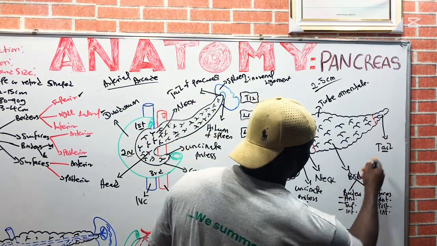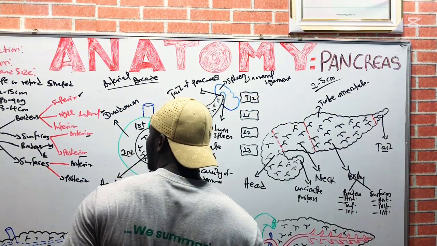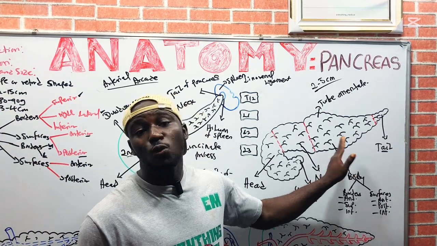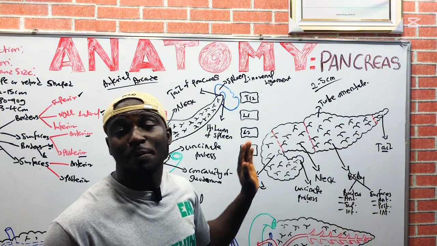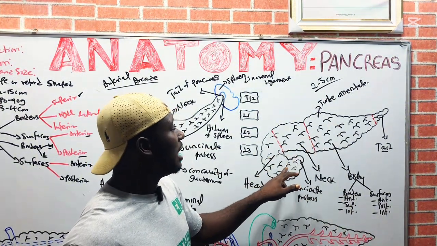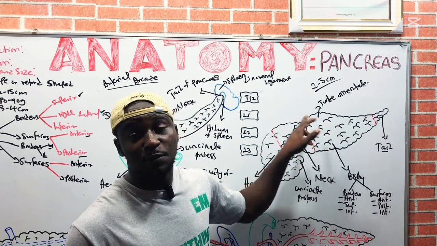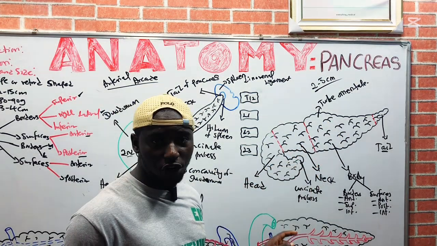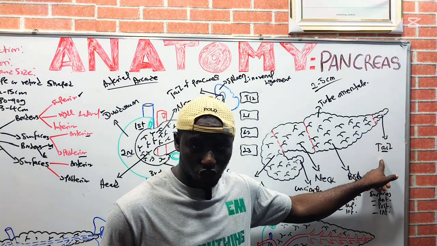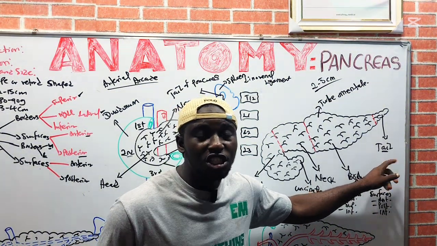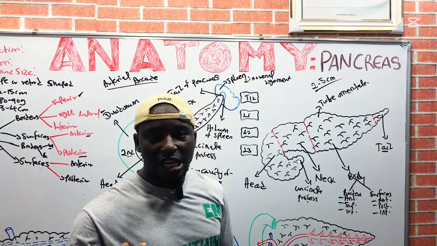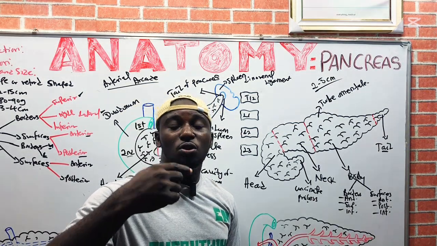Now, let's quickly look at the tail. The tail of the pancreas is actually quite different from the other parts of the pancreas, which are the body, the neck, and the head. The head, the neck, and the body are purely retroperitoneal, while the tail is an intraperitoneal region, lying in the lienorenal ligament along with the splenic vessels.